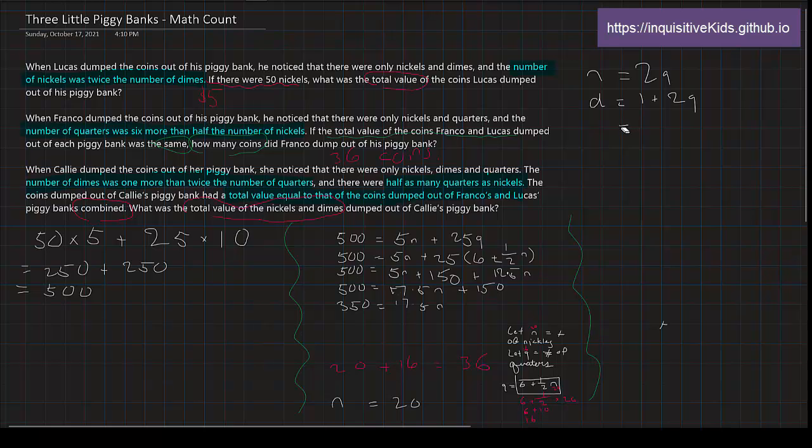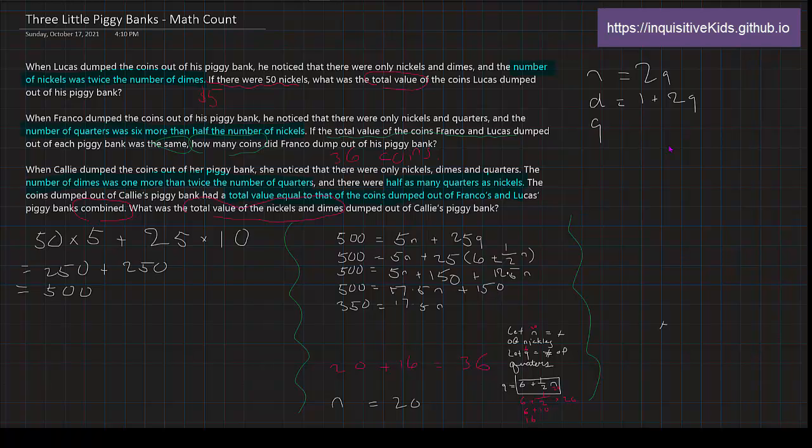Now we're trying to find the total value of the nickels and dimes. Well, it was also telling us that the whole piggy bank had a total value equal to that of the coins dumped out of Franco's and Luca's piggy banks combined.